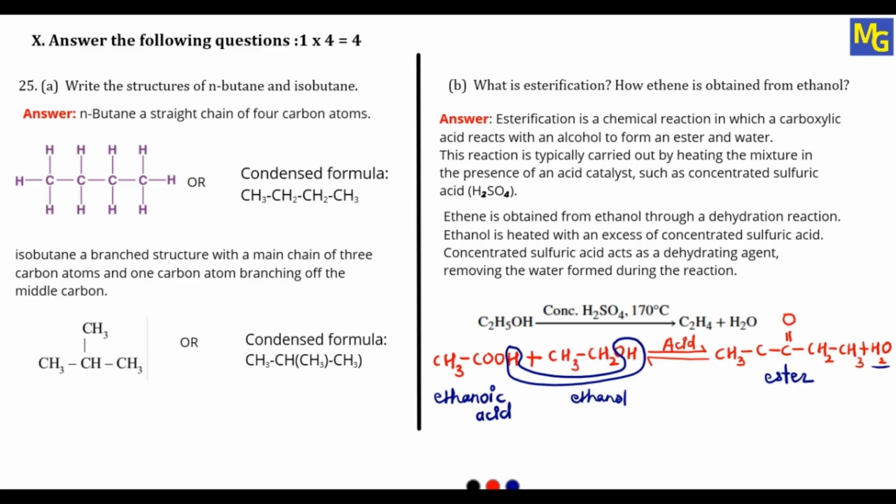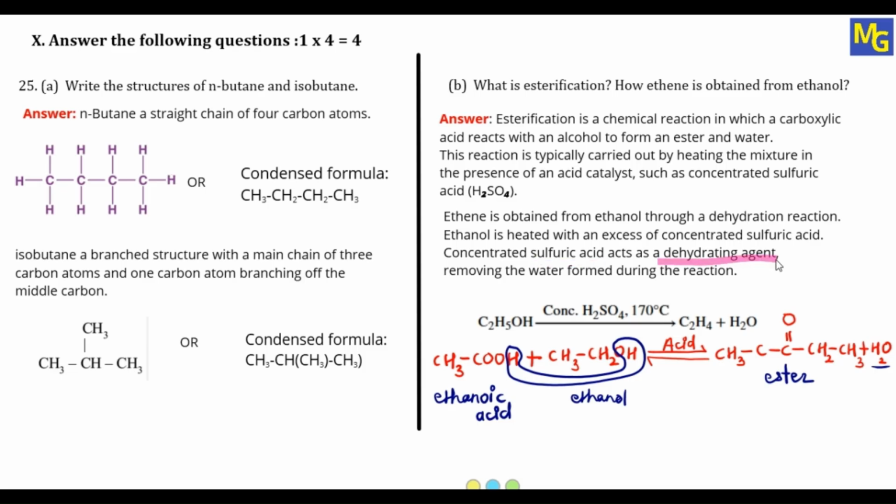Now the next is we have to explain ethene formation from ethanol. So see here, ethene is obtained from ethanol through a dehydration reaction. So what is a dehydration reaction? The reaction in which water is removed is called dehydration. So ethanol, when heated with excess of concentrated sulfuric acid, here concentrated sulfuric acid acts as a dehydrating agent.